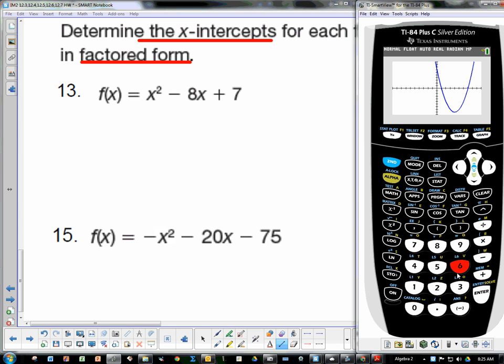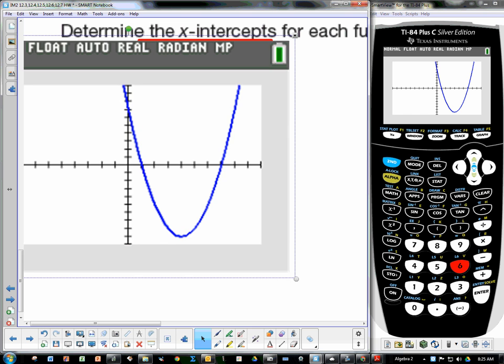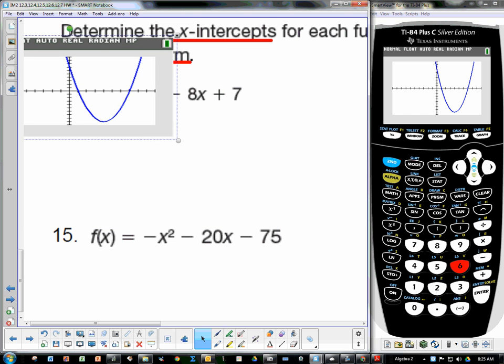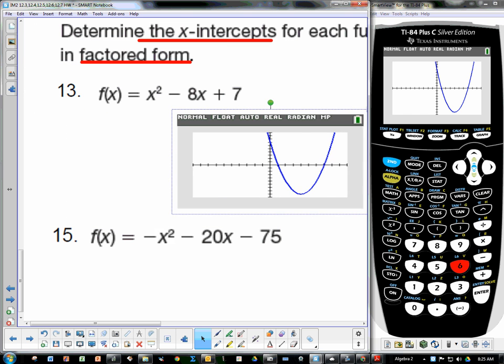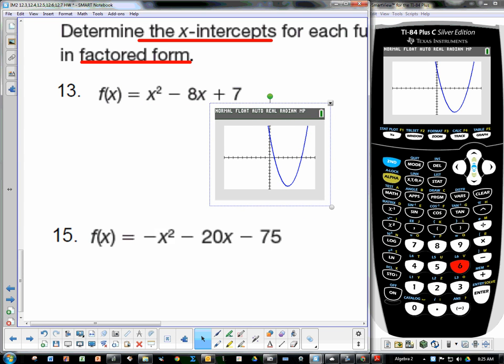Watch this. Okay, pull this over. Let's shrink it down. Put this right here. Please tell me what this x-intercept looks like. (1, 0). All right, how about this one?